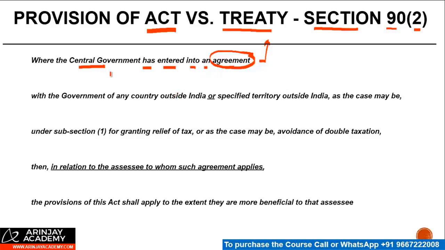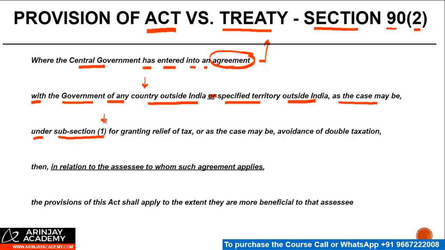Where the Indian government has entered into a treaty with the government of any country outside India. So let's say whether it be the US, Mauritius or any other country's government, right? Or specified territory outside India, as the case may be, under subsection 1.